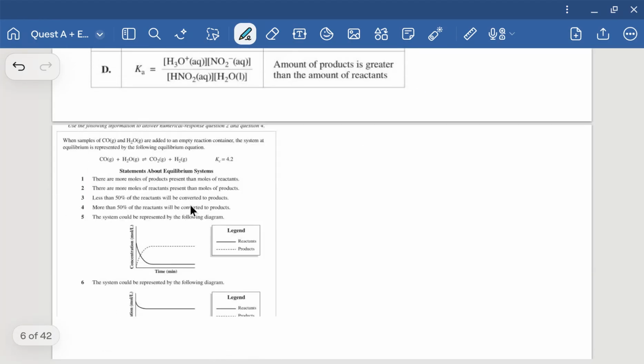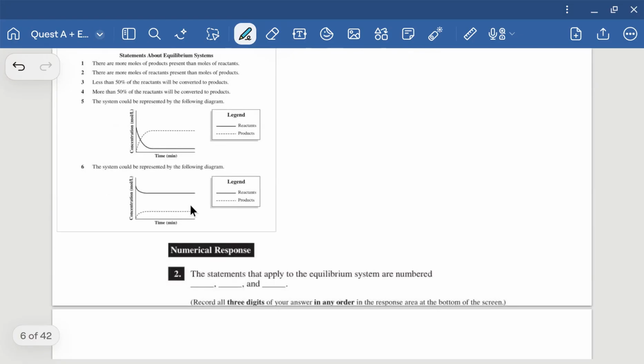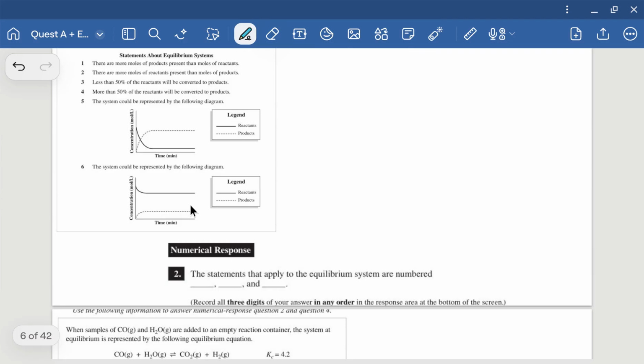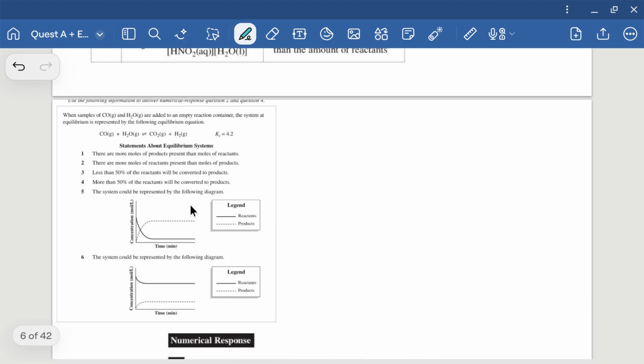In our next one here, which got kind of squished, but I think we can still figure it out, we have the statements about the equilibrium system, and then it's asking which ones would apply. I think I also just need to see the equation there. The first one: there are more moles of products represented than moles of reactants.